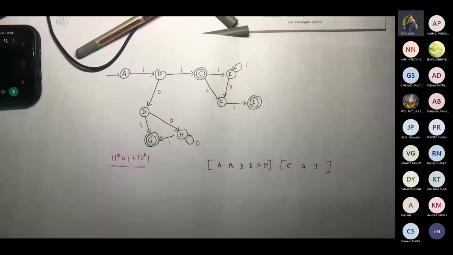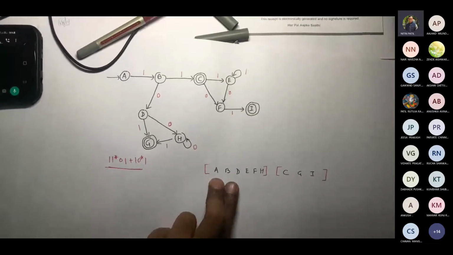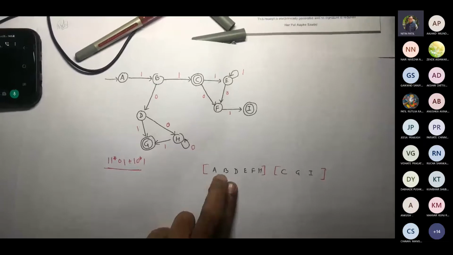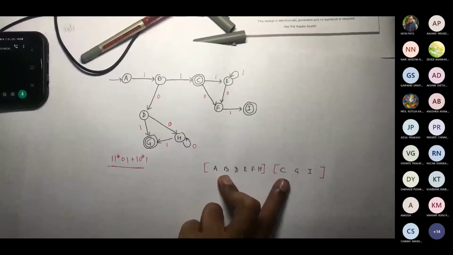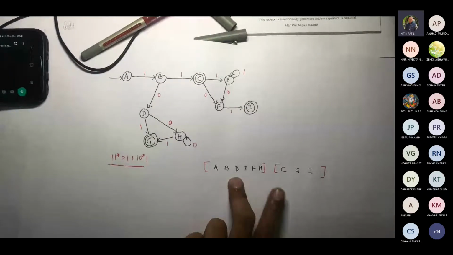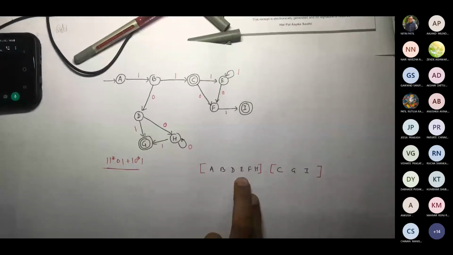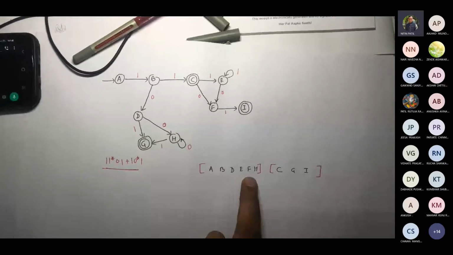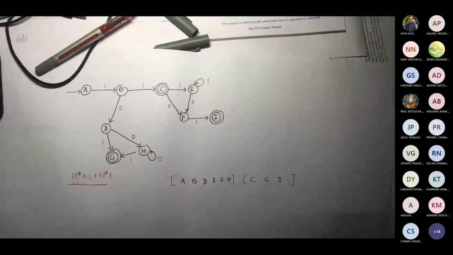Okay, now let us see. With A, with 1, I am remaining in the same group, correct? With B, with 1, I am going to C, so this should be separated. With D, I am going to G, to be separated. With E, with 1, I am remaining in the same group. With F, with 1, I am going to I. So which states are staying in the same group?